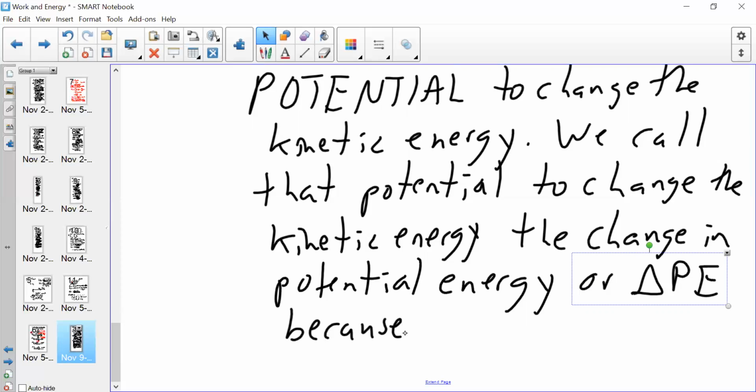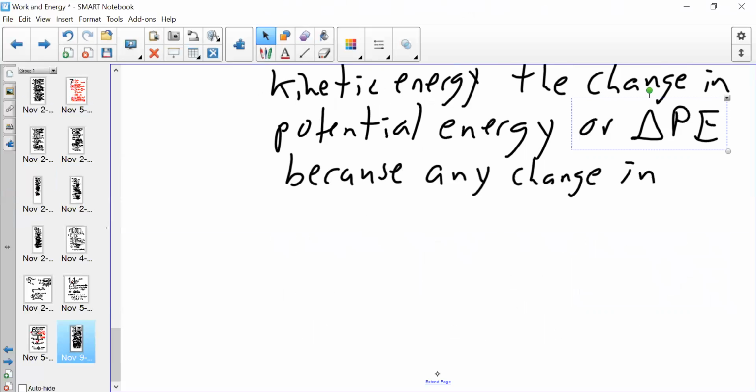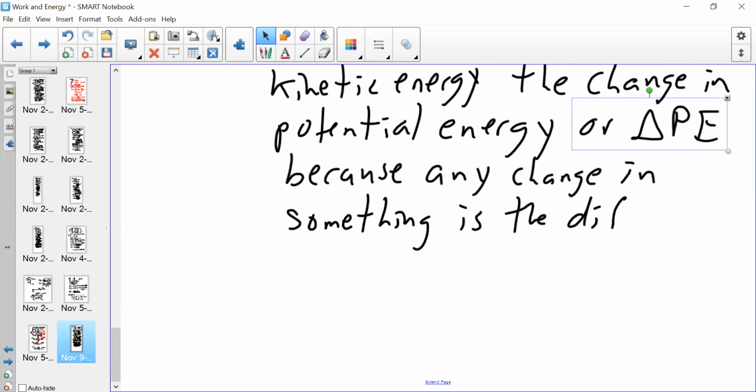Because any change in something is a difference between two points.